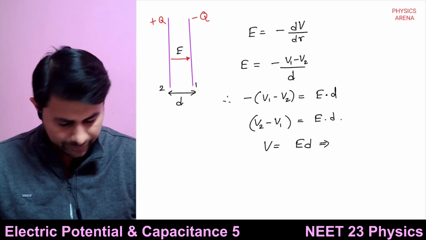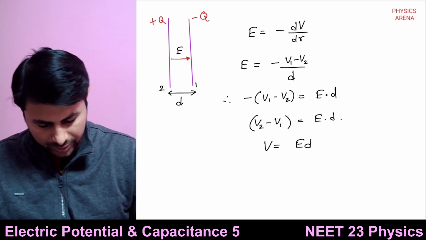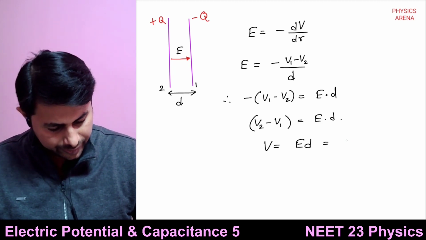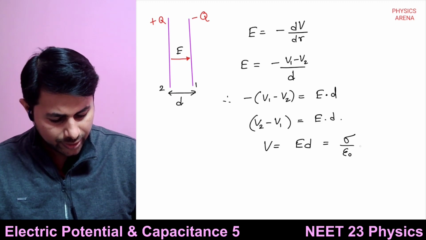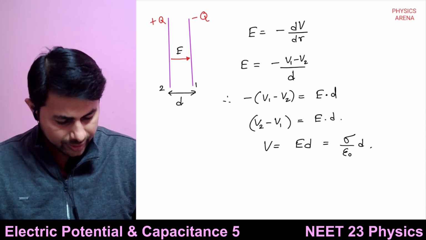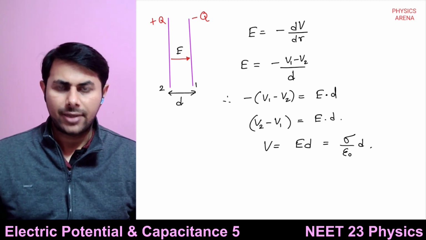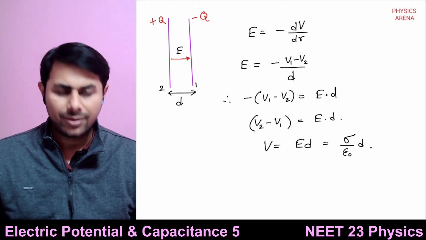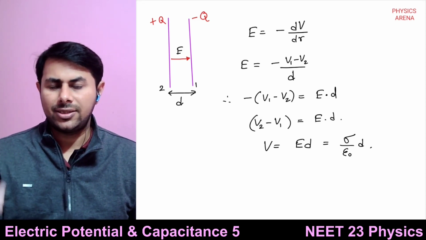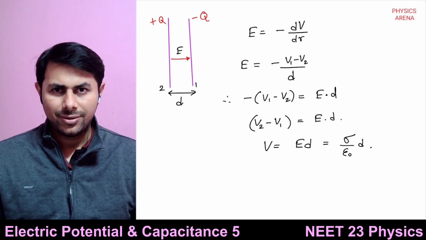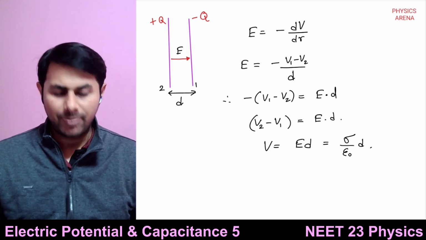What is E? E is sigma upon epsilon naught, okay, times D, right? And what is sigma? Sigma is charge upon area of the plate.